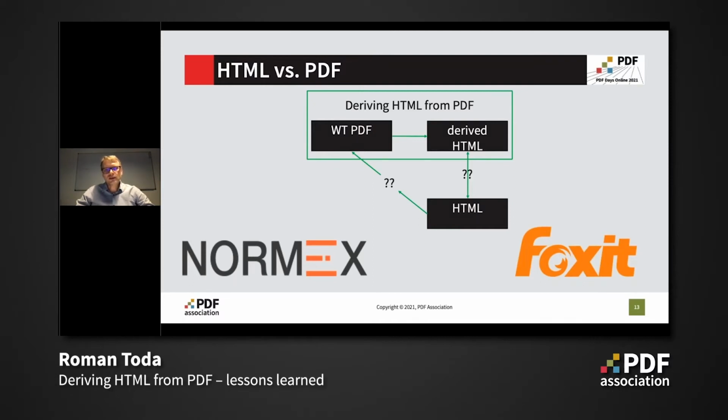Can we use HTML as an engine, or let's say definition language, to produce well-tagged PDFs? Or a big one: can we build an ultimate PDF tool that is HTML based, on derived HTML instead of being based on PDF?